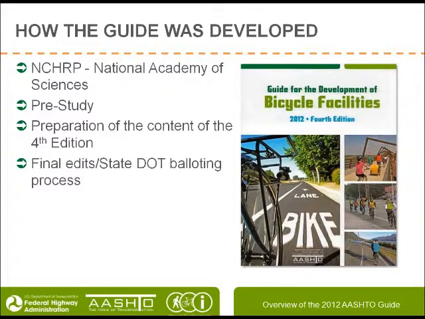And so it's important to understand the origins and level of rigor that goes into preparing this kind of design guidance. NCHRP is the state DOTs' research program, and the state DOTs fund it. So they participate on many of the panels that oversee these projects, in addition to private sector folks, researchers, academics, advocates, etc.